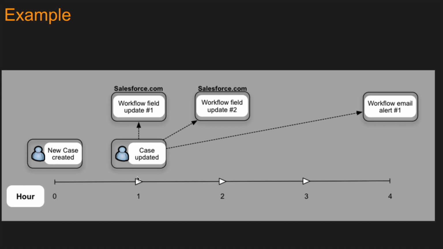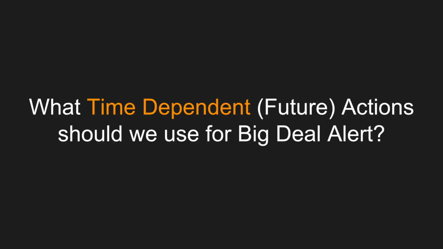In 1 hour, a case is updated, and a case updated in 2 hours, and in 4 hours, an email is sent. These are examples of time-dependent actions. For our big deal alert, what time-dependent actions should we use? What would make sense? Think about it for yourself and play around and discover.